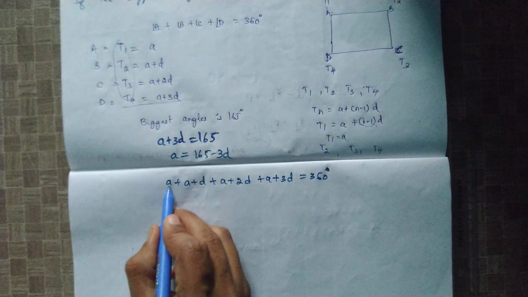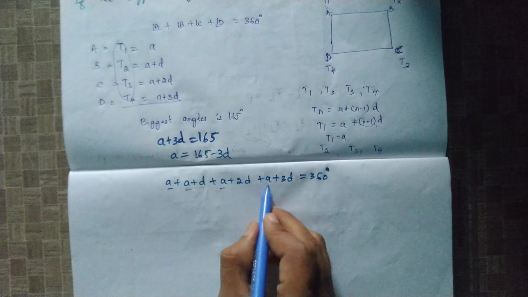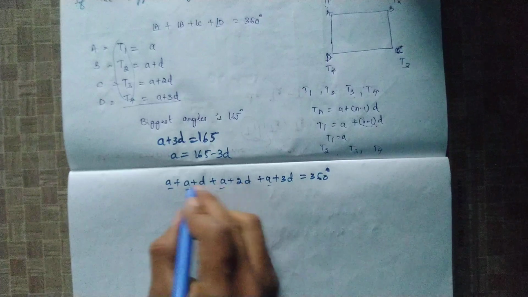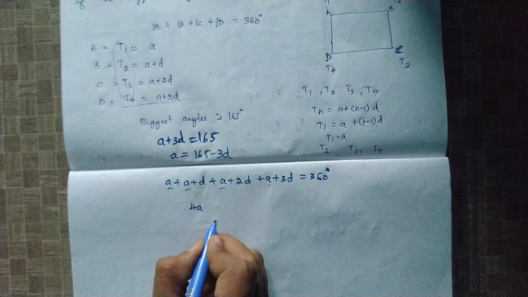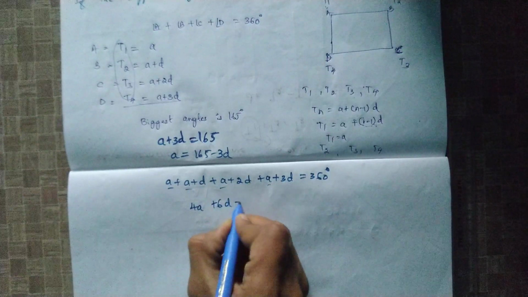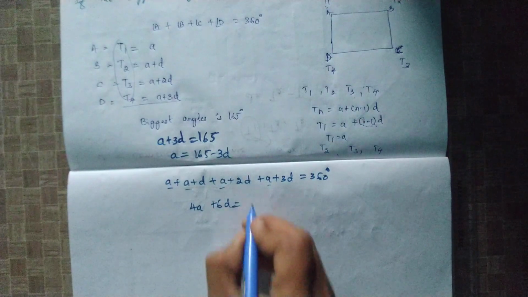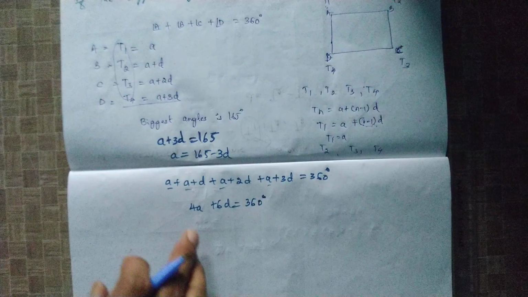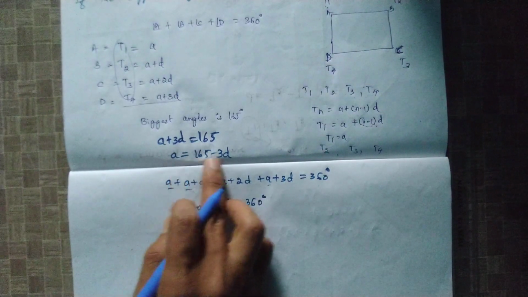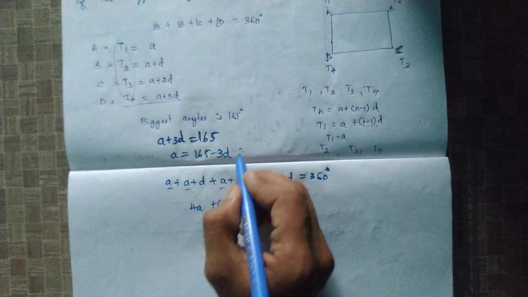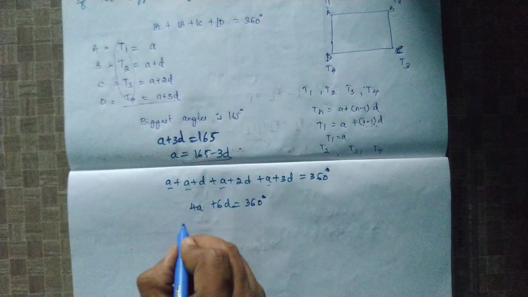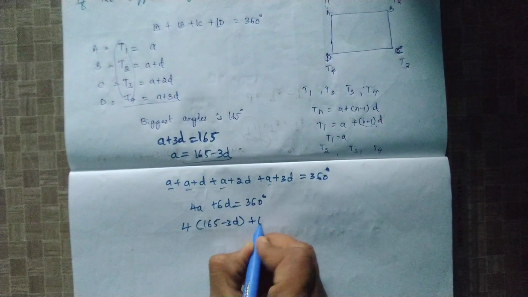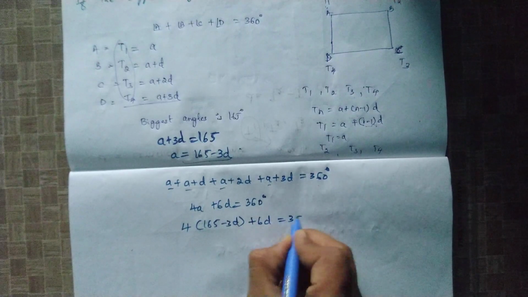Here 1 times A, 2 times A, 3 times A, 4 times A: 4A. For D, 1 plus 2 is 3, 3 plus 3 is 6, plus 6D is equal to 360 degrees. Here for A we have to substitute this: 4 into 165 minus 3D plus 6D is equal to 360 degrees.